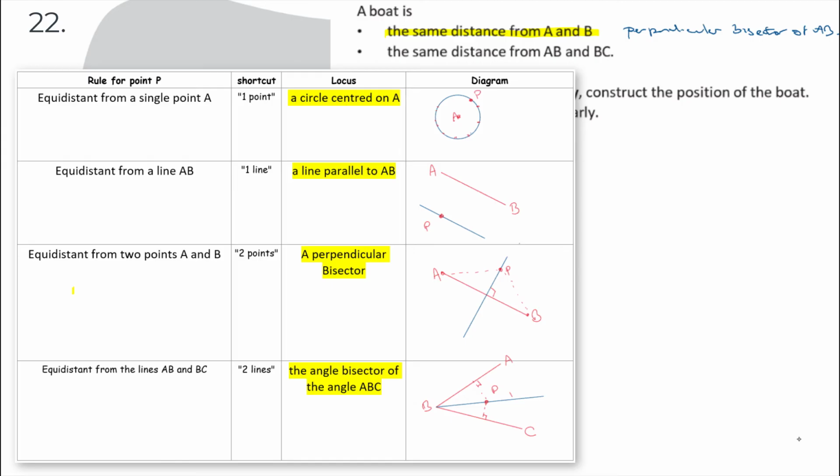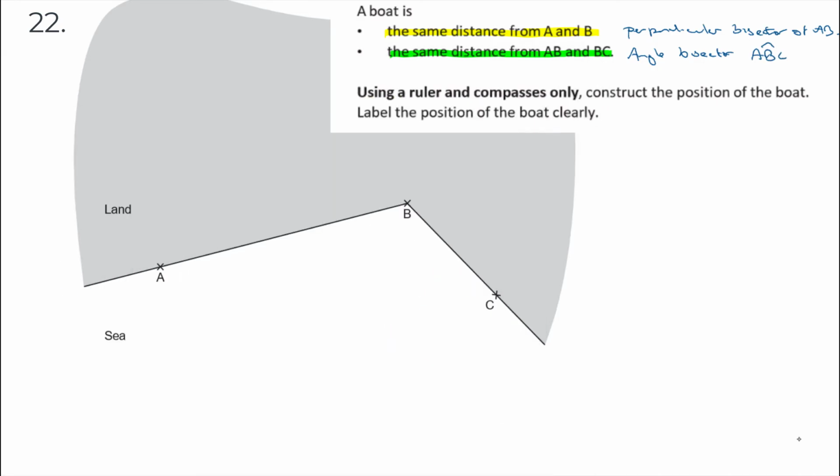And the second one, the same distance from AB and BC, that is going to be the angle bisector of angle ABC. So these are the 2 constructions that we need to make, and that should pinpoint where our boat is.